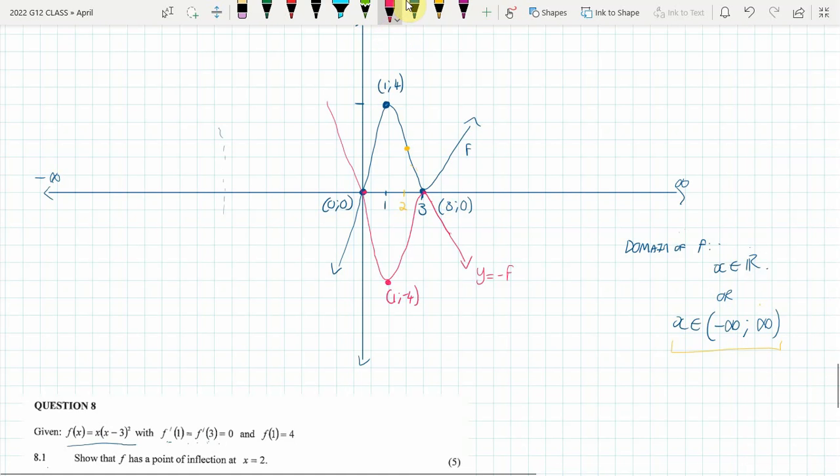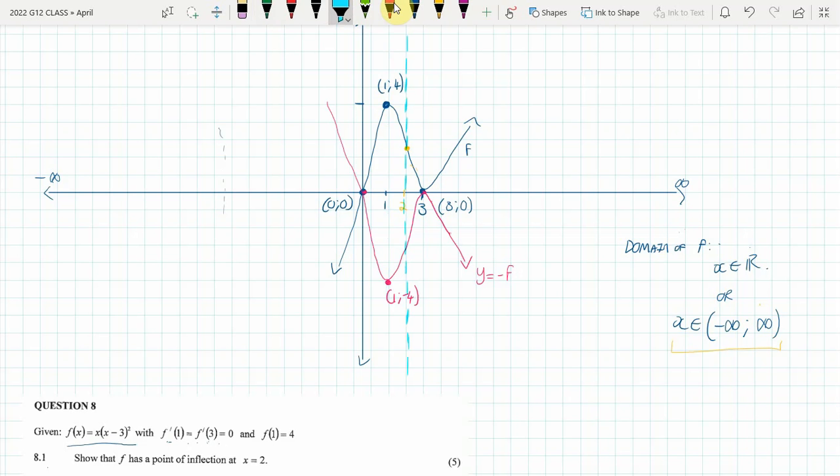I want us to observe a pattern here. Okay, no, I'm drawing this line at the wrong place. I want to draw it through the inflection point. This line passes through the inflection point.